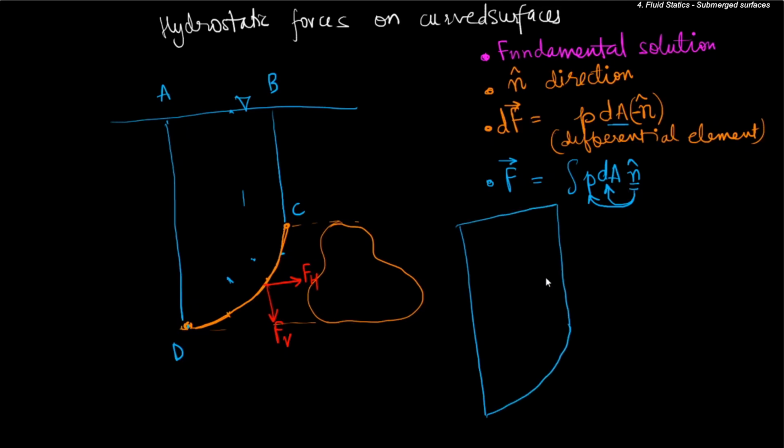The free body is something like this, and this force is the force acting on the plate because of the fluid. So by Newton's third law, there will be a force acting on the fluid because of the plate like this. Similarly, on this surface there will be atmospheric pressure because this is the free surface. On this face there will be force due to the pressure. Similarly, on this face there will be a force due to pressure.